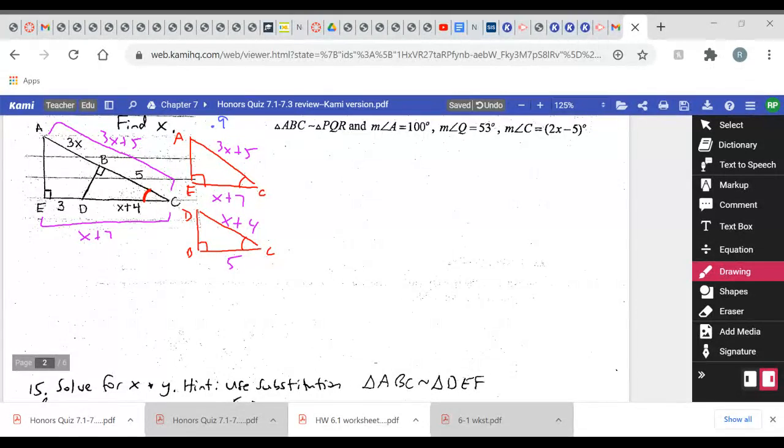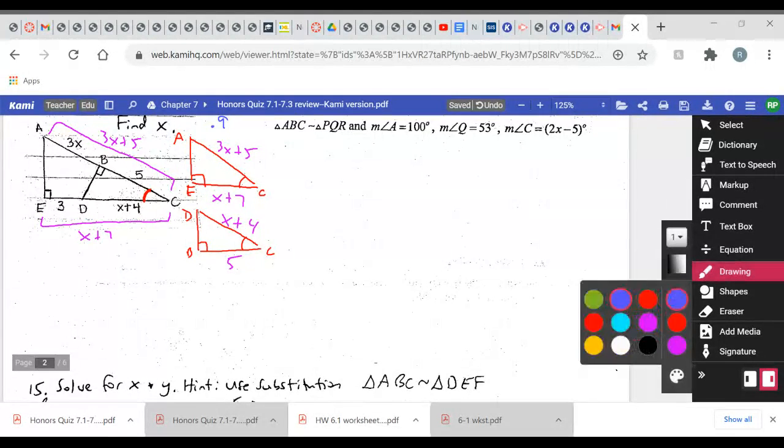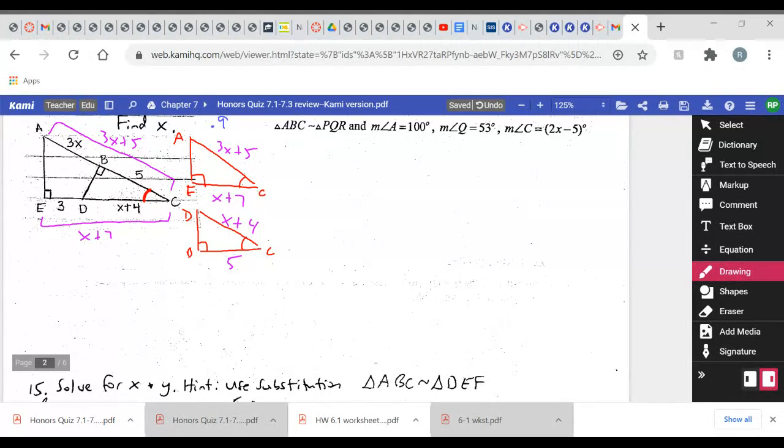So just keep in mind, sometimes figures are flipped or turned, so you have to be really careful that you're getting them labeled correctly. Now I can set up a proportion and solve. And it helps when I have these triangles facing the same way to help me set up the proportion. So I can say 3x plus 5 over x plus 4 is equal to x plus 7 over 5.